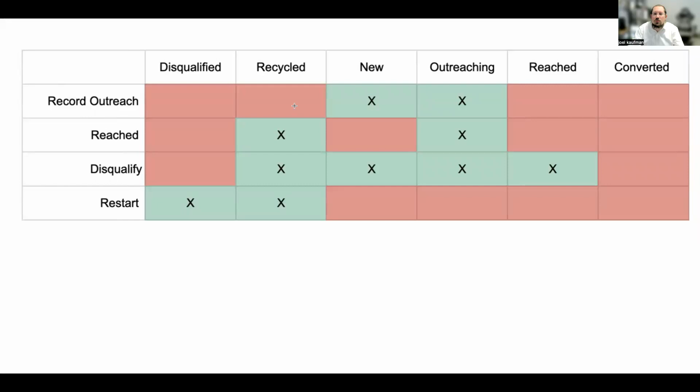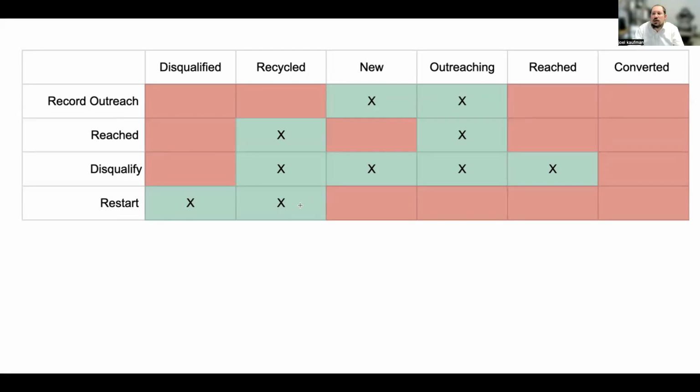Record outreach will only be available at new and outreaching because we only do outreaching from those statuses. Reached will be only from outreaching and recycled. Recycled means that we started outreaching, but maybe later on they responded, so we have the option. Disqualify we can always do, obviously not in disqualified because it's already disqualified. And we restart the process on disqualified or recycled.